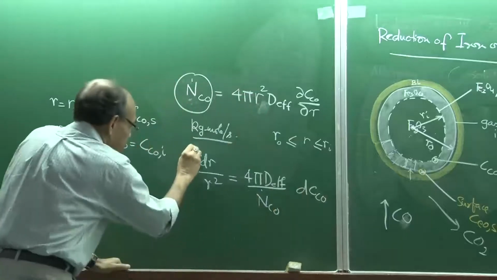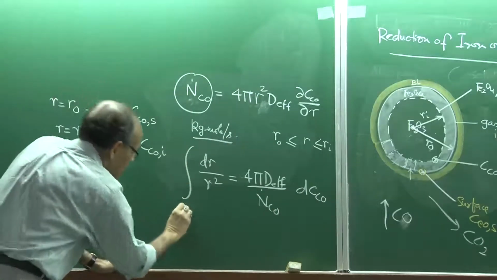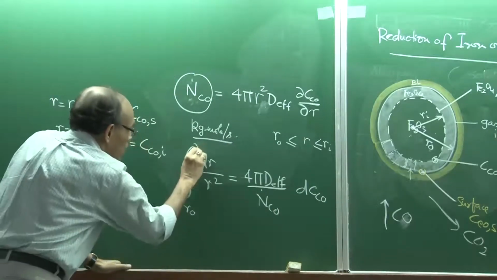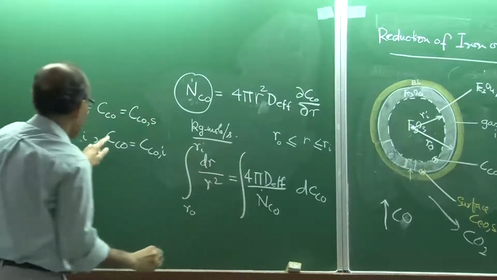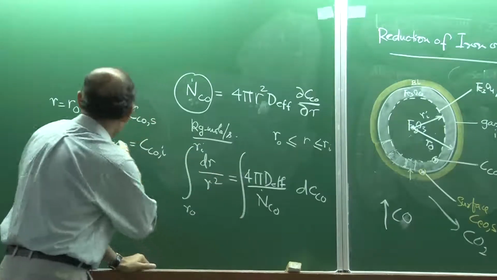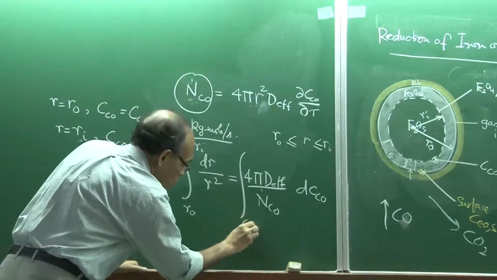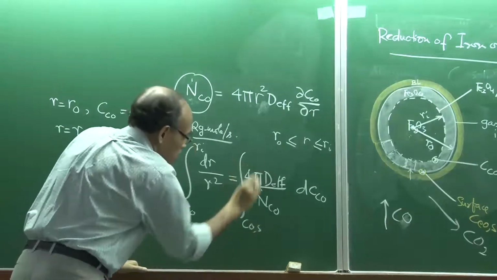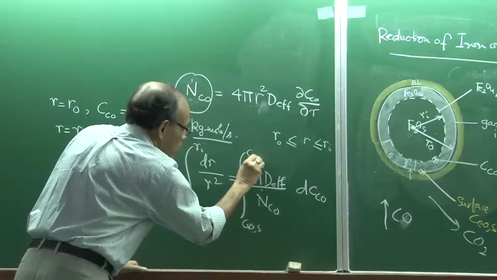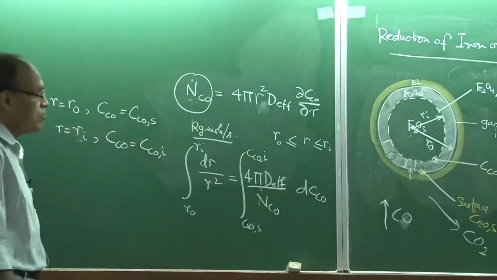I will integrate this between the limits R0 to Ri and the corresponding concentrations. So R0 is the CCO surface and Ri is the CCO interface.